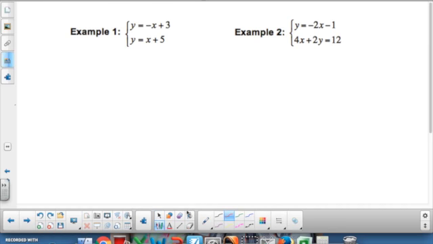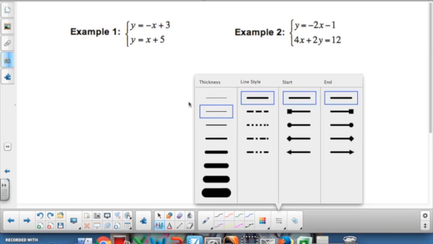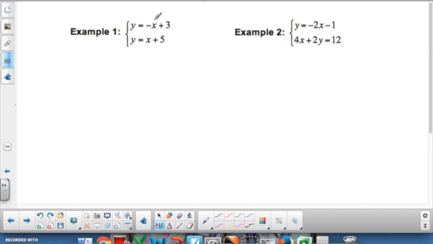So what I'm going to do is take this negative x plus 3 and plug it in place of y. When I rewrite that, instead of writing y here, I'm going to write negative x plus 3. It's still going to be equal to that x plus 5.